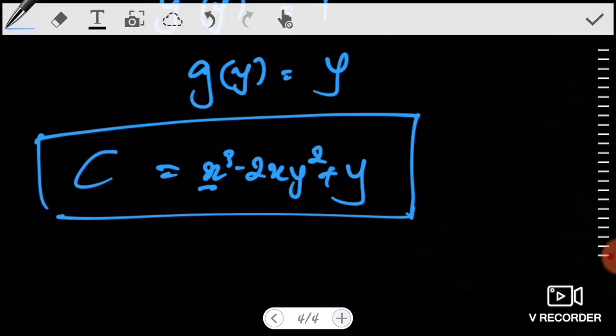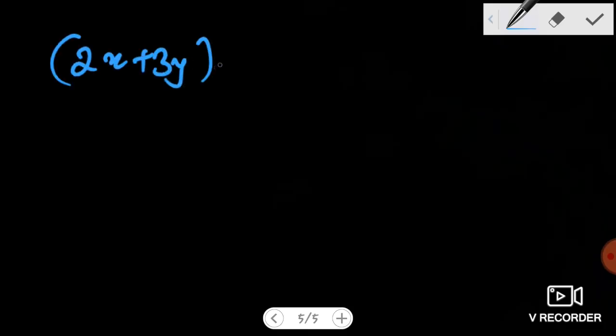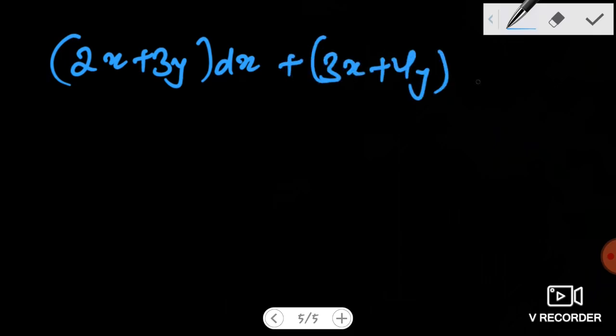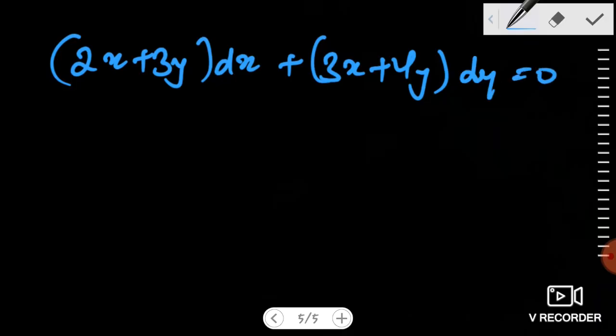Now, let's try another example. If we have (2x plus 3y) dx plus (3x plus 4y) dy equals 0, right? So here, let's firstly prove whether this is exact.